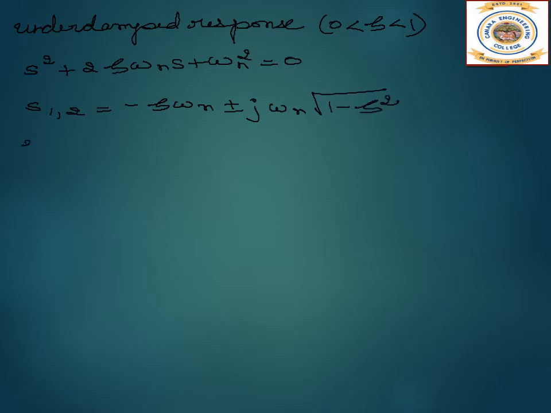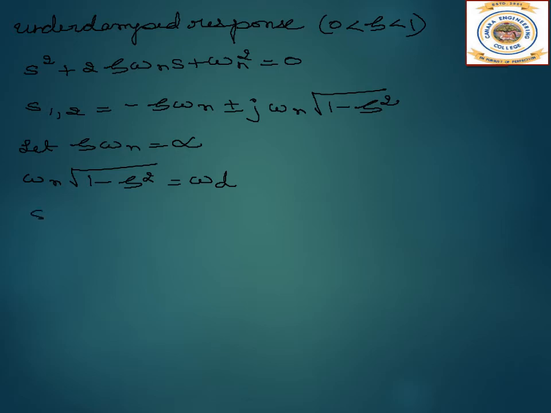For simplicity, let zeta omega n be alpha, and omega n root of 1 minus zeta square be omega d.